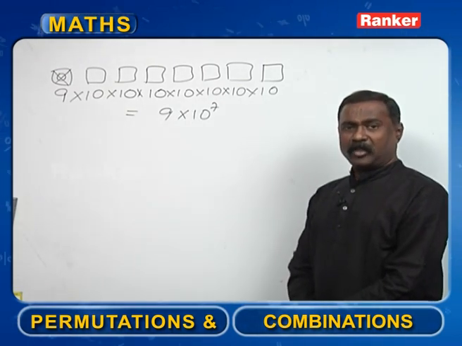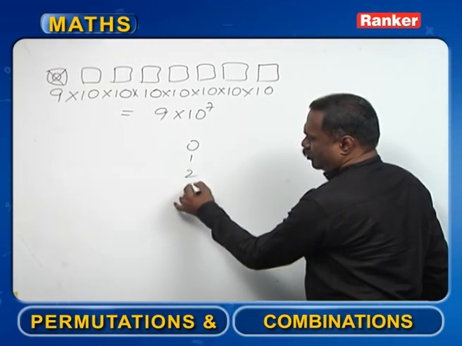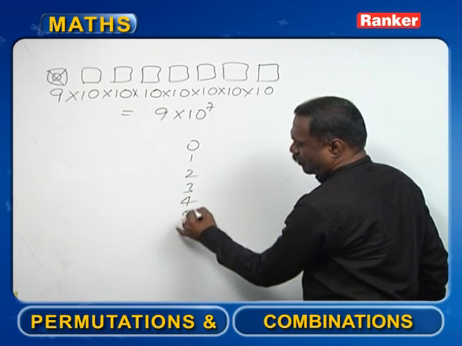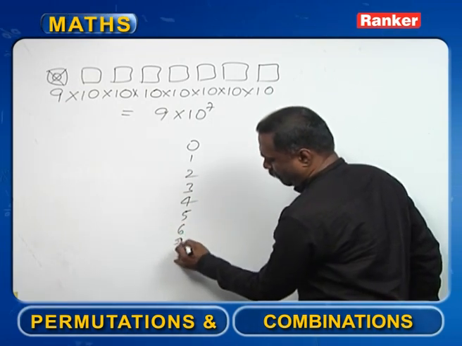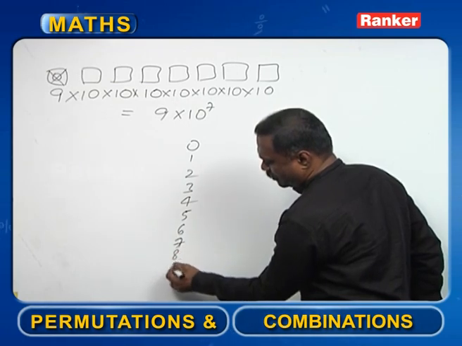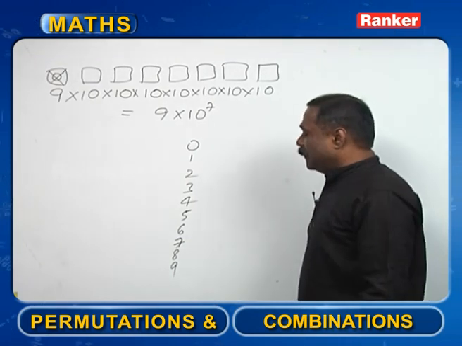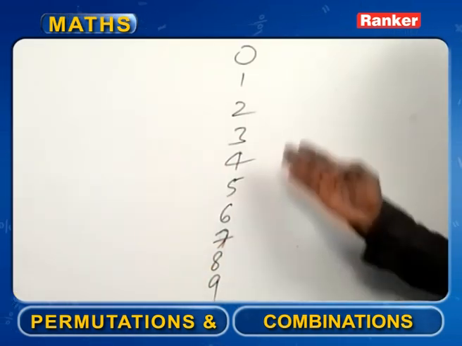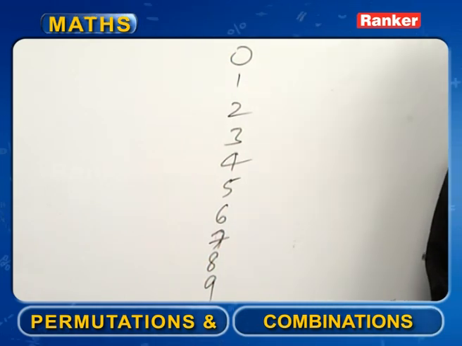If I write 0 to 9 digits, then among this, how many are even, how many are odd? You know that.